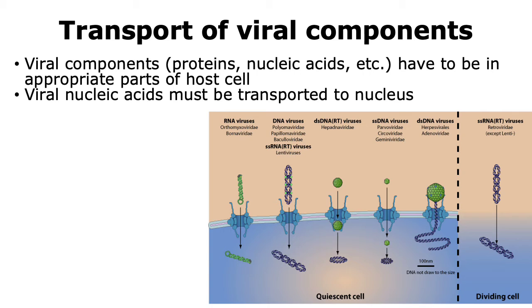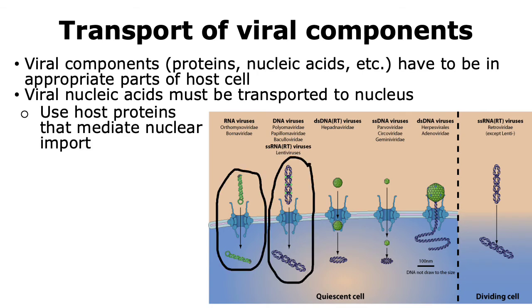successful viral infection. This can be done in a variety of ways, and one way is where the viral nucleic acids use host proteins that mediate the nuclear import of the virus across the nuclear pore complexes that are present on the nuclear membrane of the host cell.